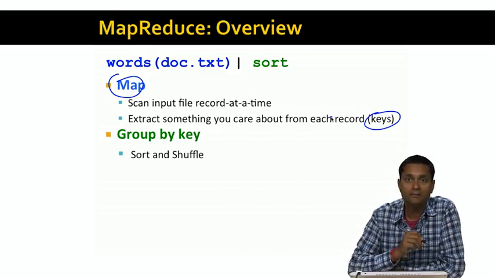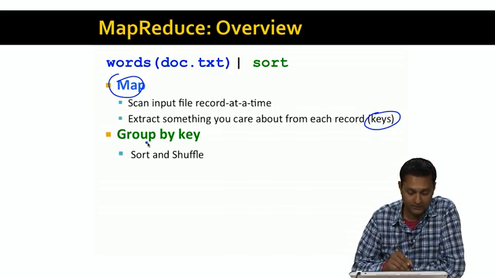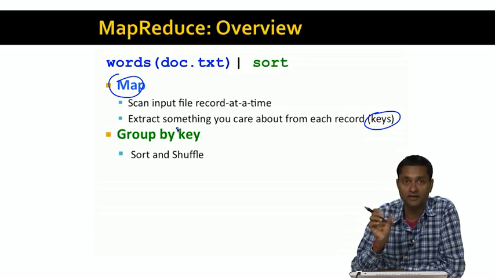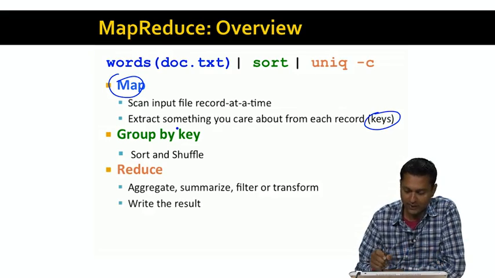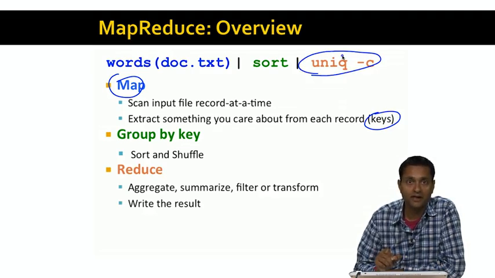The second step is to group by key. And this is what the sort step was doing. It grouped all the keys with the same value together, right? And the third step is the uniq -c step. That's the reduce piece of MapReduce.